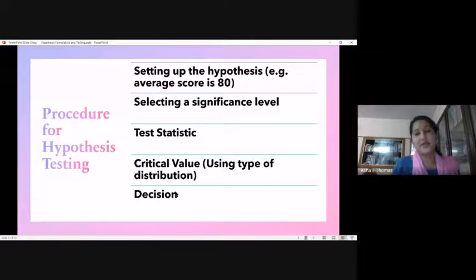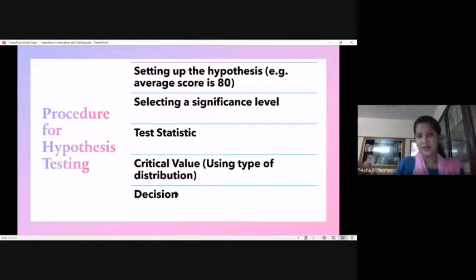If the researcher is okay with the quality and representation of the sample, he or she might fix the significance level at 5%, which means there is a risk of rejecting the null hypothesis when it is actually true.